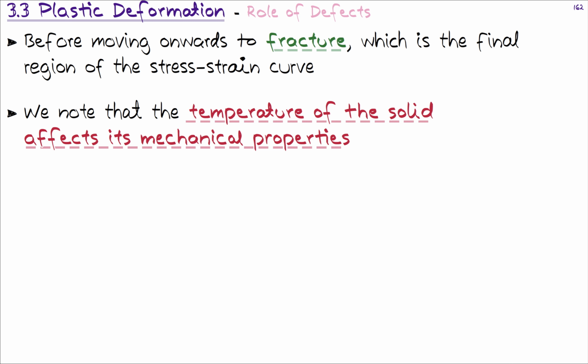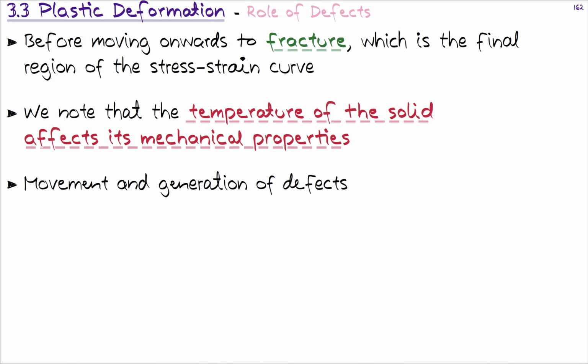So what I want to say here is that when we have defects in a material, in some of the processes, for example plastic deformation, new defects are being generated, and the existing ones are moving in the solid.